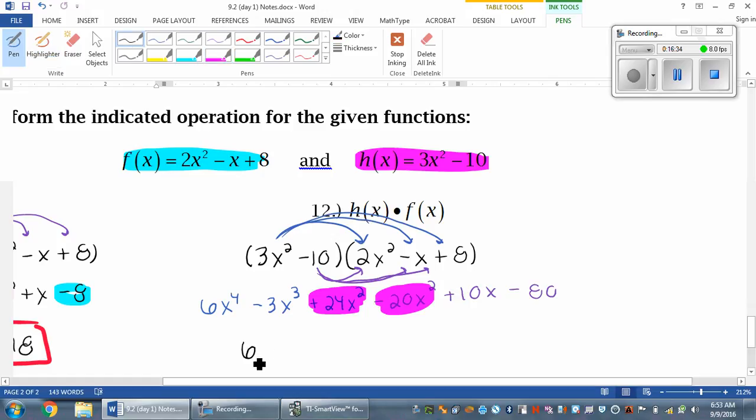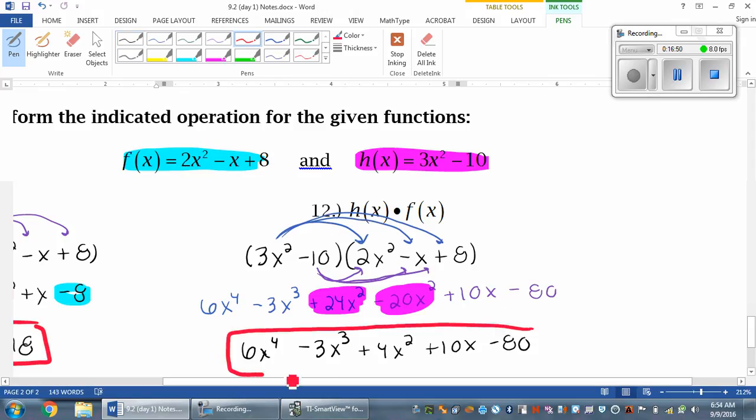I'm going to drop down the 6x to the 4th. Drop down the negative 3x cubed. Combine 24 minus 20, so it's positive 4x squared. Drop down the 10x, drop down the negative 80. Alright, please go ahead and stop the video to complete the homework.